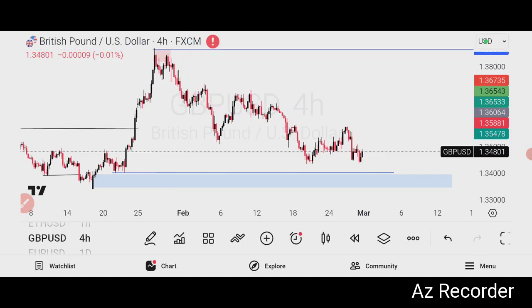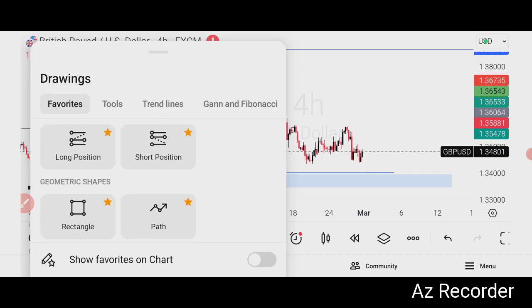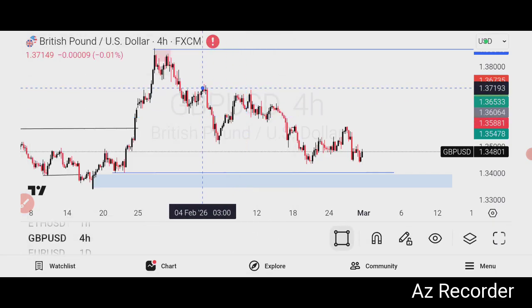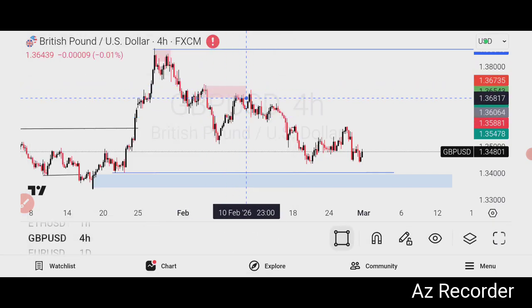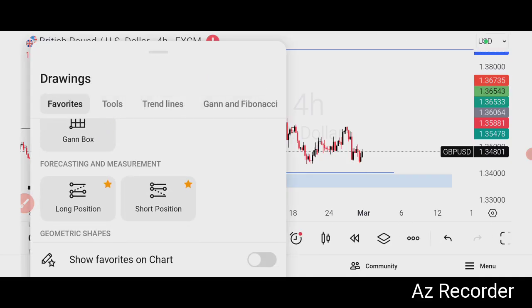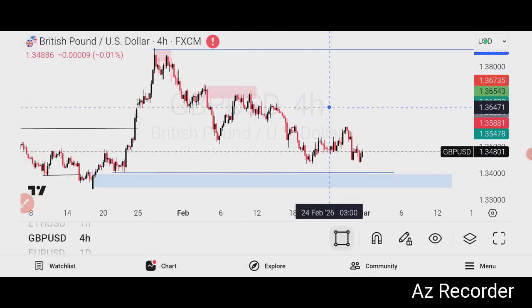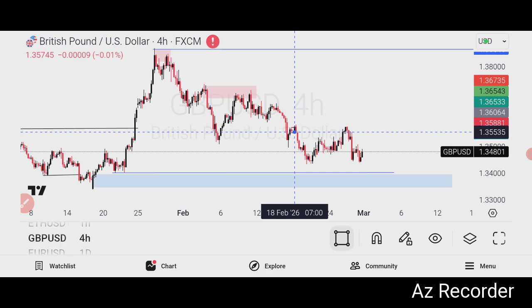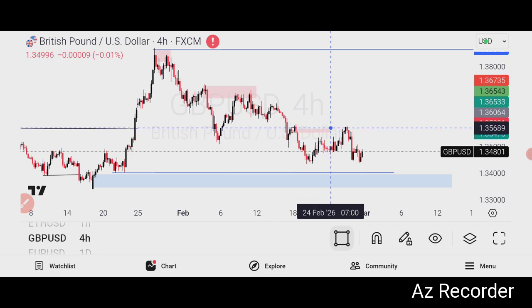But not only that, we also have liquidities here. This zone is a trap. We also have this recent one, where I took the sells I took last week. This particular one here.